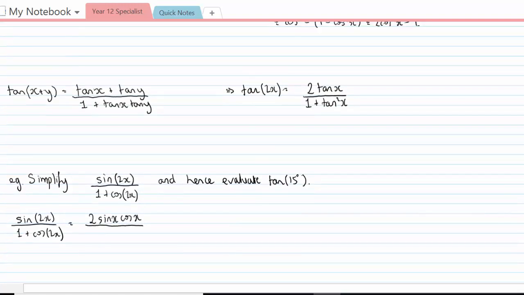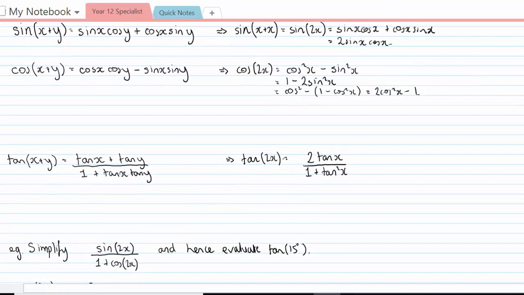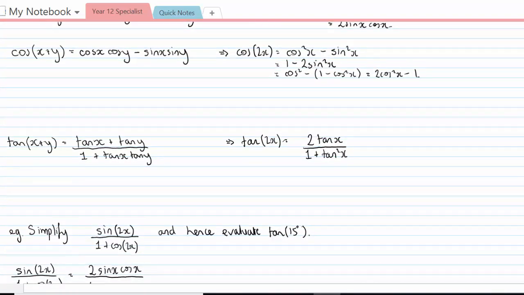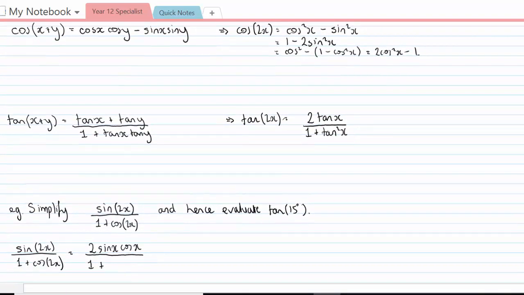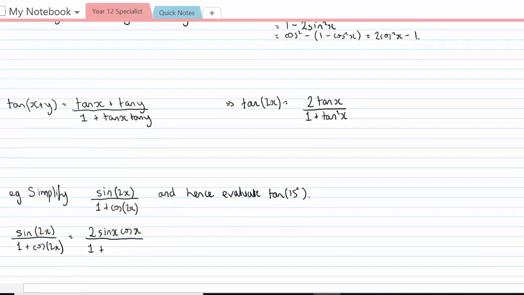1 plus, now cos 2x, I can choose any of those forms there. I'm thinking it's probably going to be best if I cancel out the 1, just because that could be a little bit of an annoyance there. So I'm going to replace the cos 2x with 2 cos squared x minus 1.